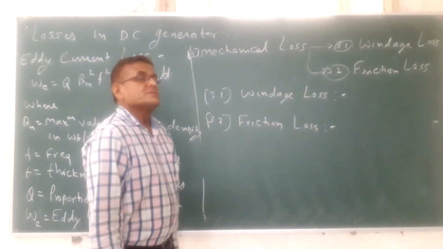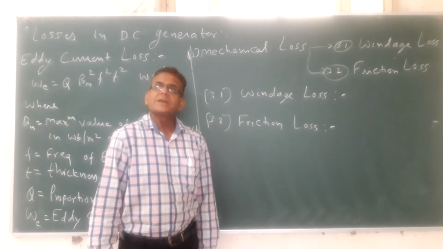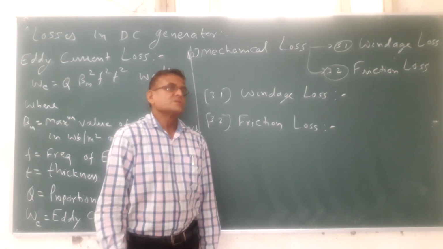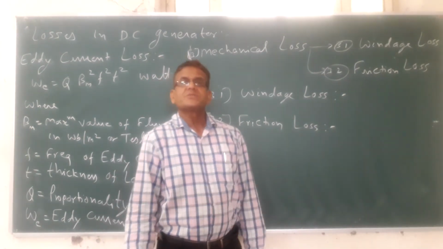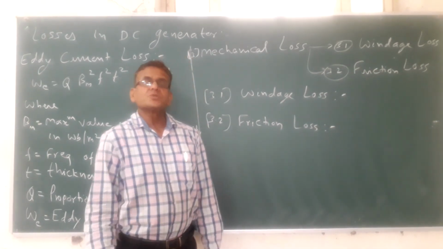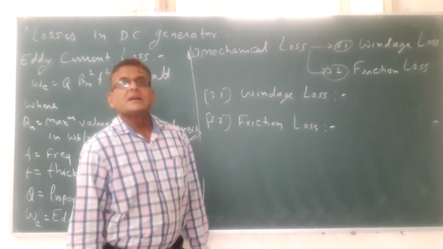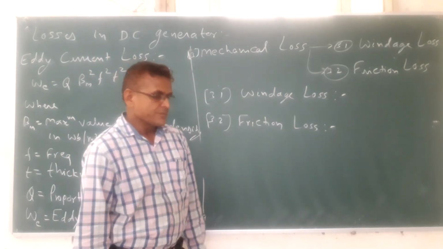When the armature core rotates in the magnetic field, then an EMF is induced in the armature core, and this induced EMF circulates current in armature core, that is called eddy current. When the eddy current flows in armature core, then due to some resistance of armature core, there is I square R loss, that is called eddy current loss.